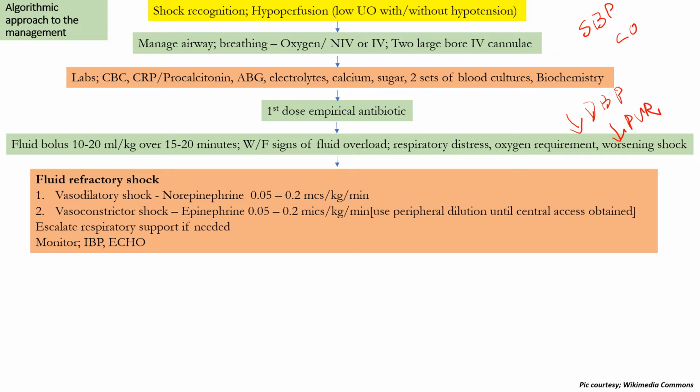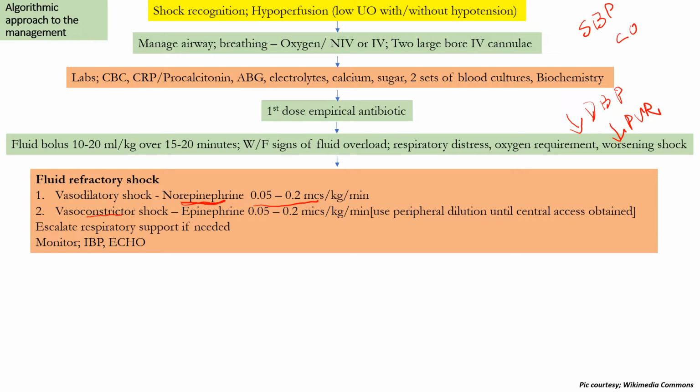So, when will the peripheral vascular resistance be low? It will be low when there is peripheral vasodilatation. So, whenever there is peripheral vasodilatation, as we'll see in conditions like autonomic, neurogenic and septic shock, we must administer norepinephrine as the vasopressor of choice in a dose of 0.05 to 0.2 micrograms per kg per minute.